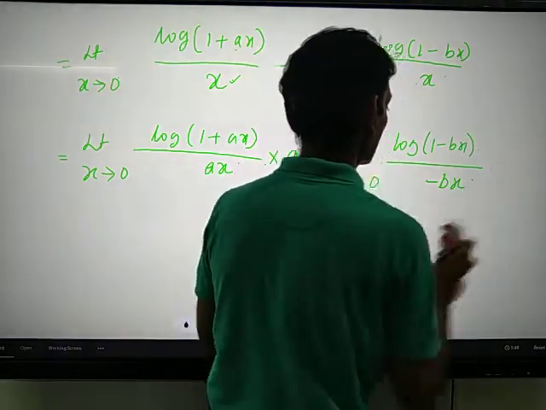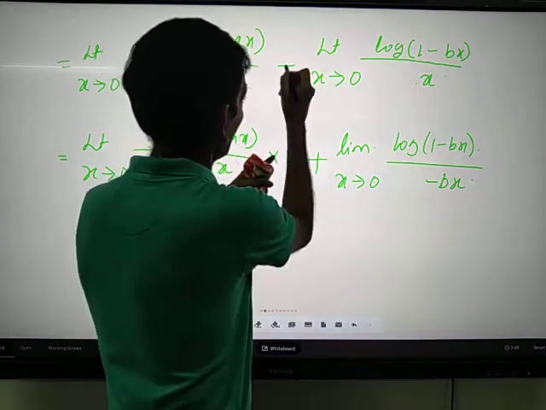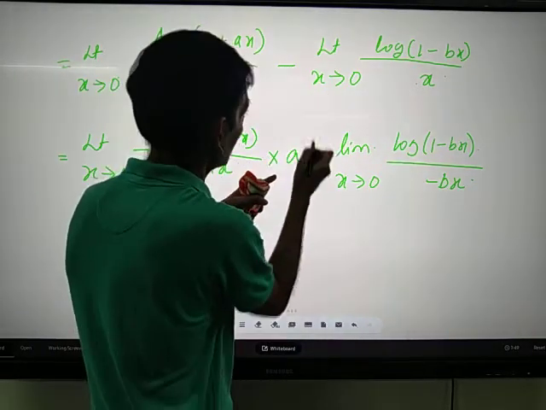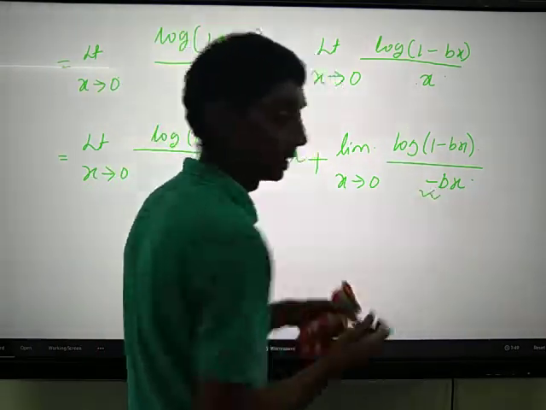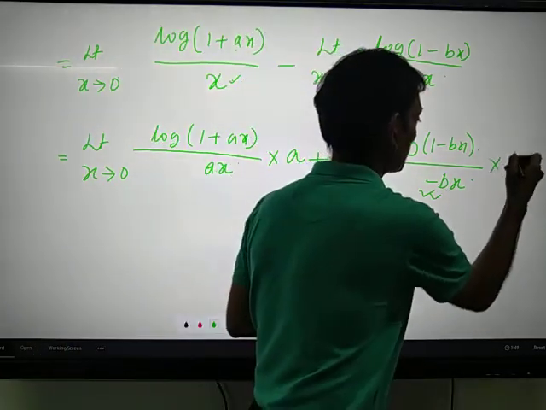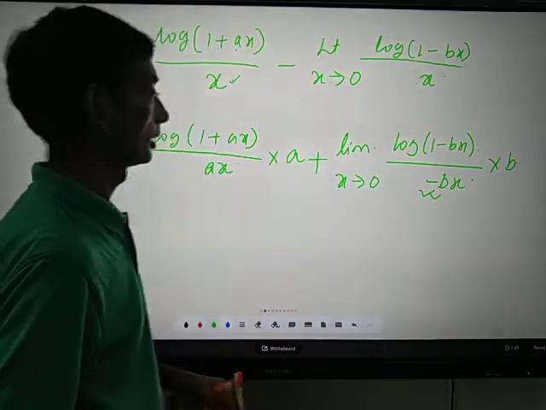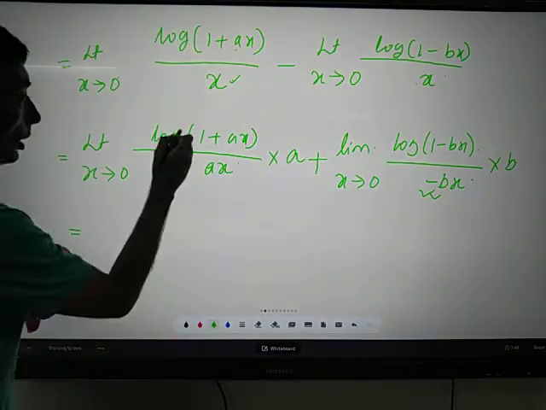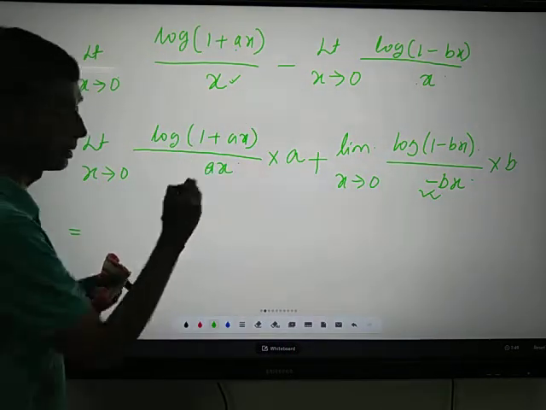What extra term have you written here? Instead of minus you have written plus, and that minus we have written with bx. And in the denominator, what is extra? Only b is extra, so you multiply the numerator by b. So you can just use the formula log(1 plus x) by x.